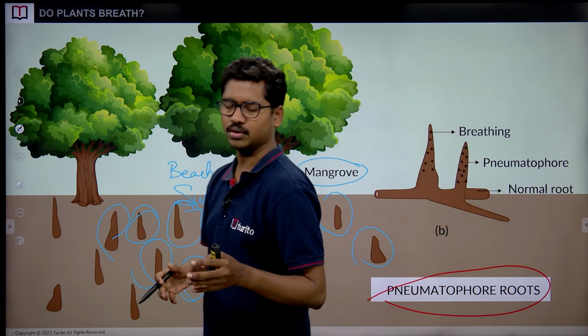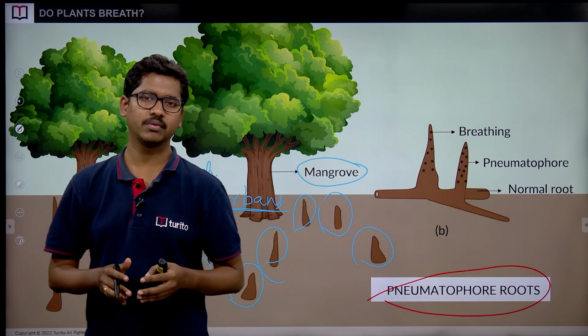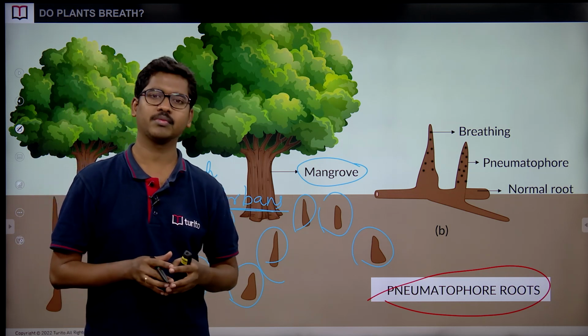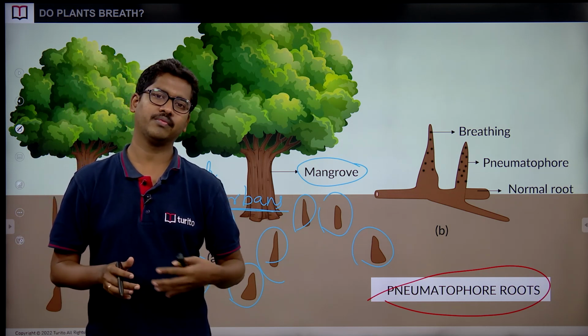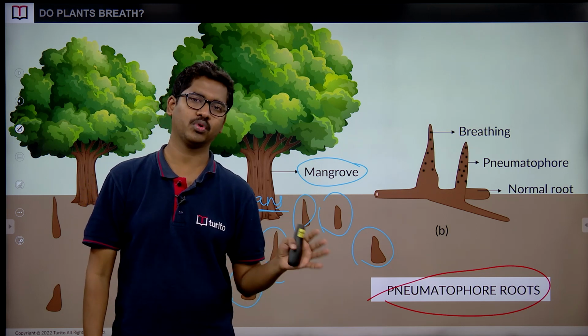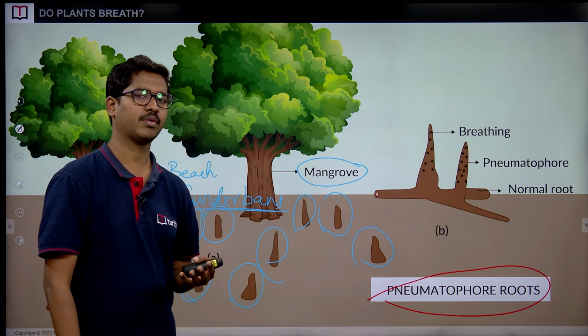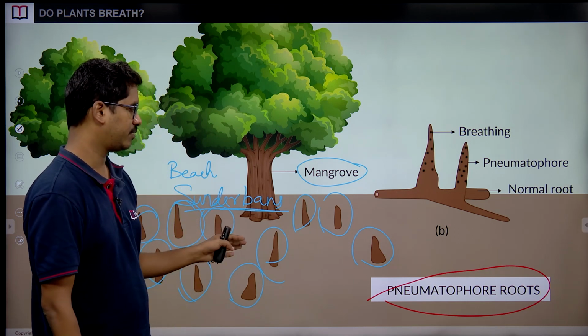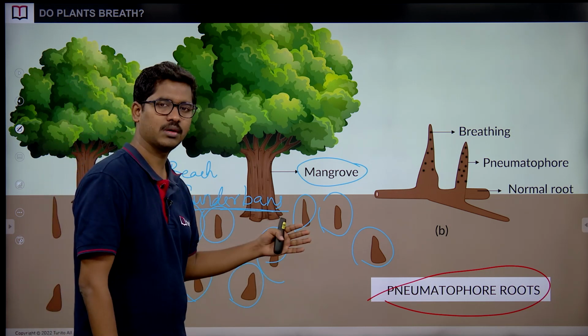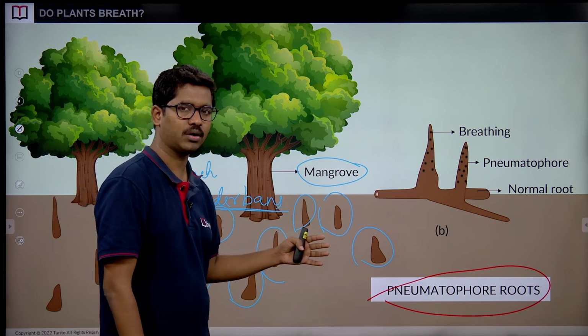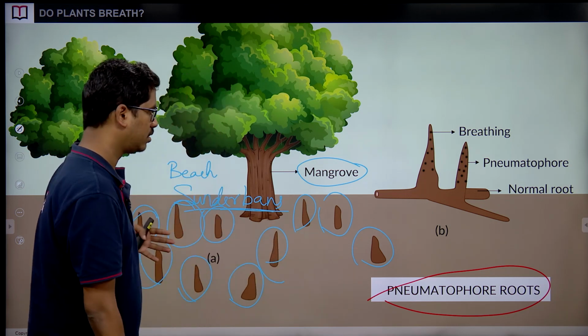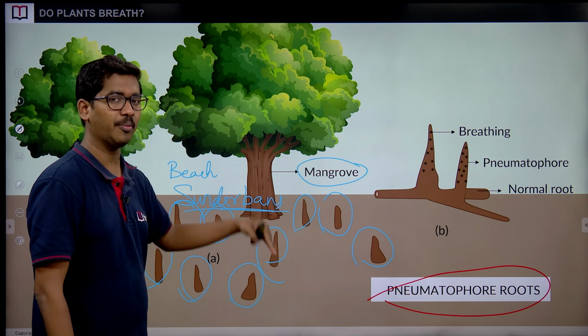When you see the crops grown by the farmers and the whole field is filled with water, the crop dies out and cannot handle such an amount of water. But here the case is different, even though it is very close to the beach and you have a lot of water, you have to understand that these roots come up.